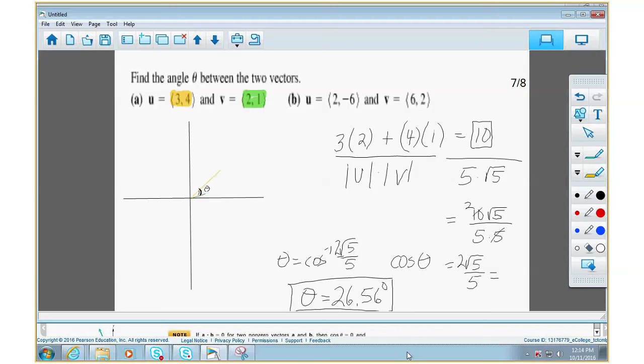And make sure you draw it, because when you draw it, you set up your common sense. You see the angle I came up with, I know that angle is going to be less than 45 degrees. And it helps you to do that. And you got to get used to doing that, because in physics, that's all you do is draw a free body diagram before you even start.